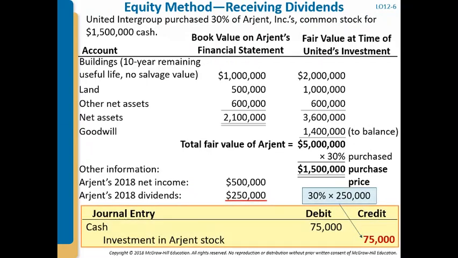And so you would debit the $75,000 that United receives for the cash, of course, and notice the credit. You're reducing your investment in Argent stock by the amount of the cash received. So it's a reduction in the investment account.